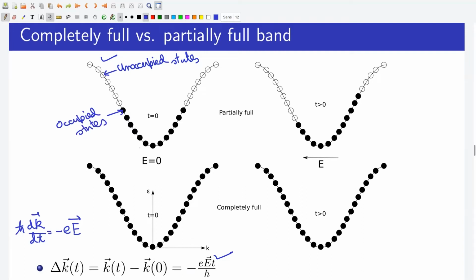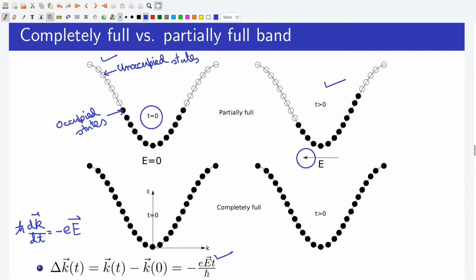This is how the states are occupied at t equal to 0. Now, at this point of time, we switch on an electric field in this direction. This is how the occupation of the states changes when we switch on the electric field.